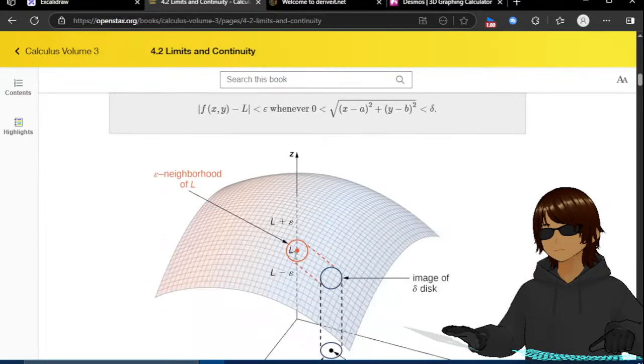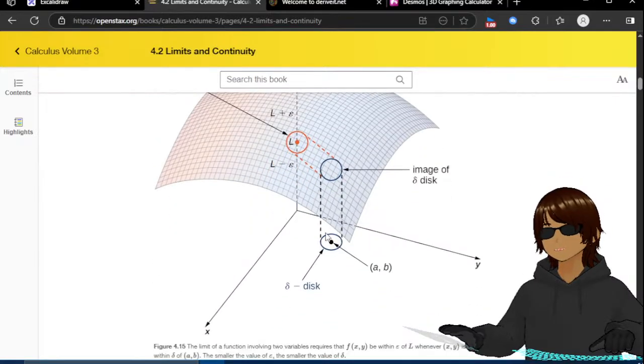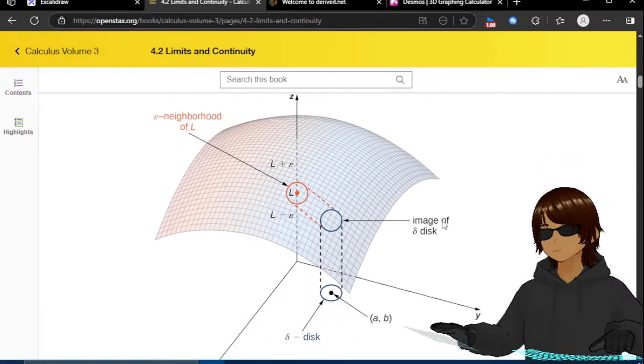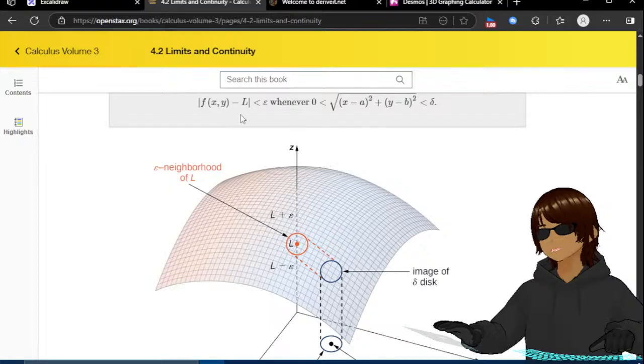So this is less than epsilon. So there's always some distance. This is on the surface. And if (x, y) is within the disk, then f(x, y) will be within epsilon of L. There will always be a distance between f(x, y) and L.